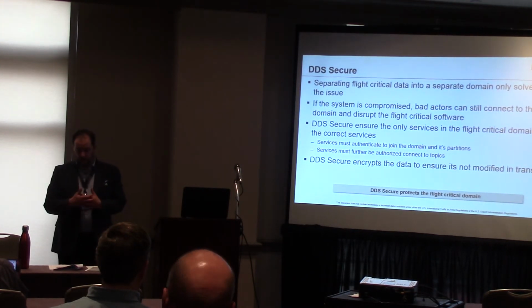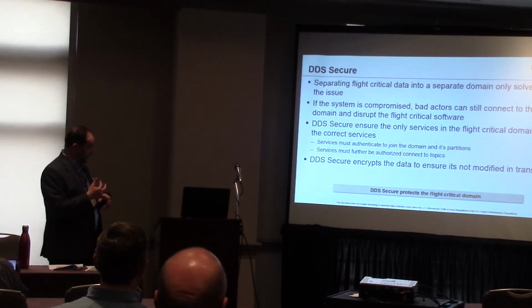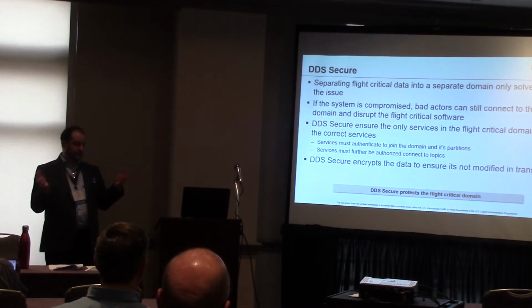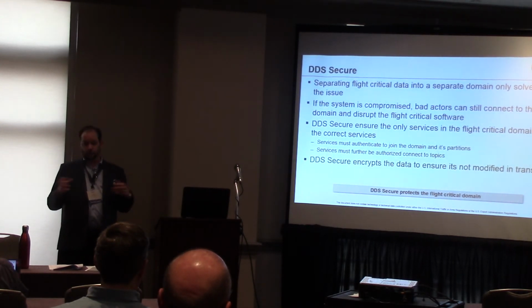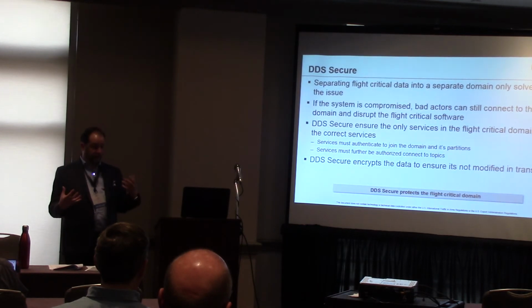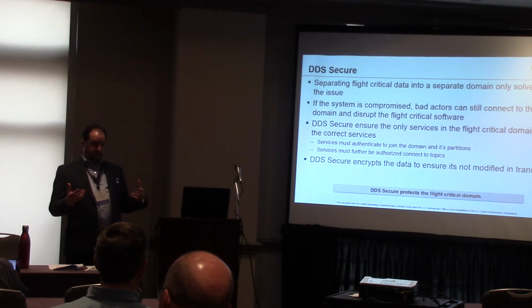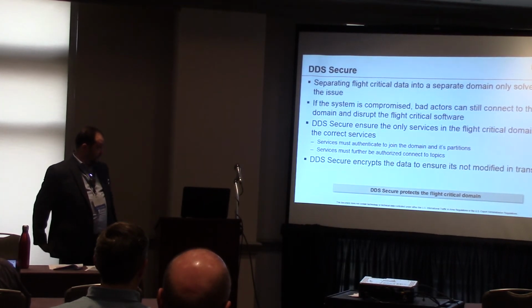And the way DDS Secure works, right, is you have to be authorized to be on the domain, you have to be authorized to be on the partition, and once you're on there, then you have to be authorized to talk to the specific topics, right? So we can have pretty fine-grained control over each service and who's allowed to talk to each service and who's allowed to write to the various topics.